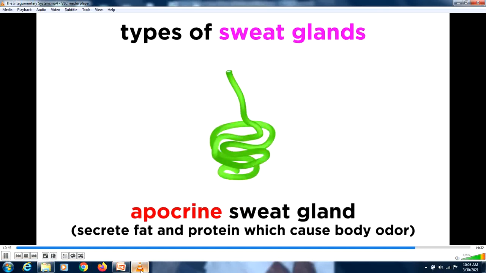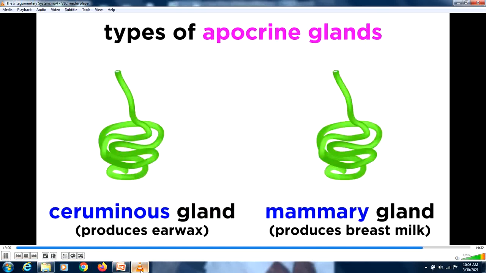Sweat is also secreted by apocrine sweat glands, which are far fewer, found only in certain areas, and secrete fat and protein components along with the normal mixture, which is the cause of body odor. Ceruminous glands and mammary glands are also types of apocrine glands, which produce earwax and breast milk.